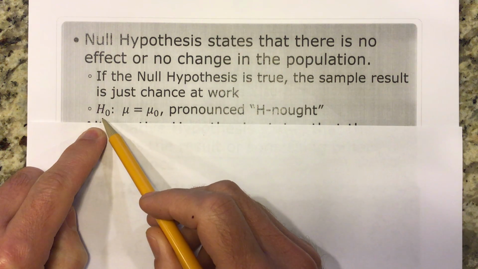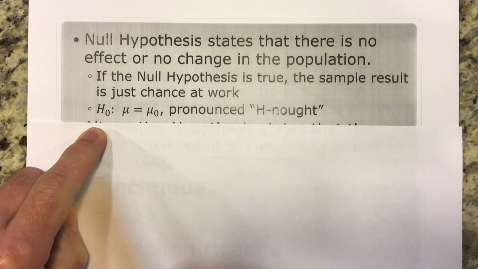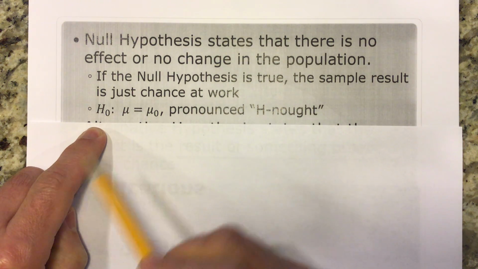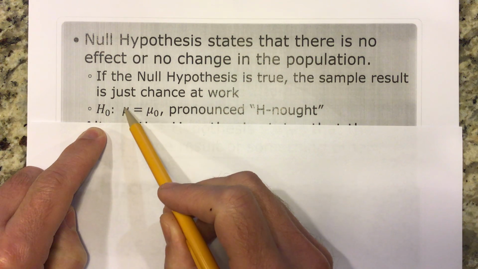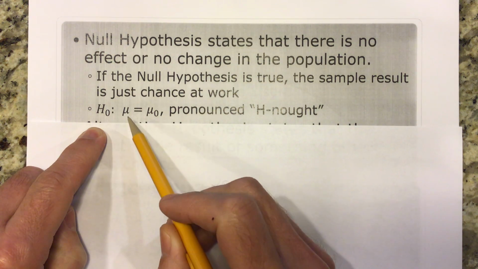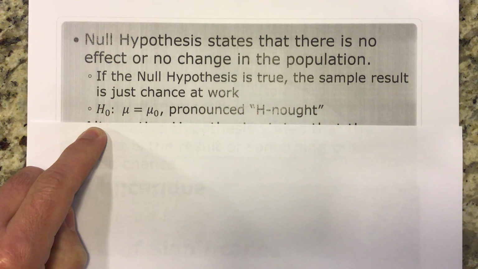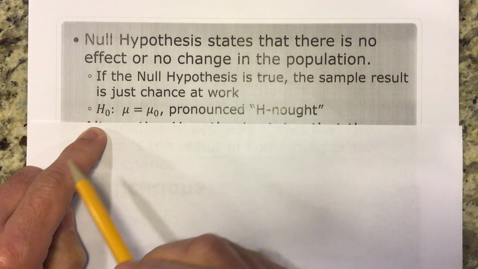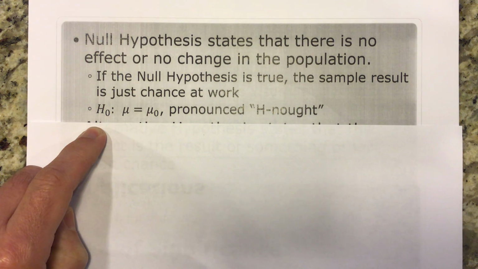And the null hypothesis will always, always, always be an equality, right? So right now we're going to work with means. So our null hypothesis will always be that the true mean, the population parameter for mean, is equal to some number. Very important you understand, null hypothesis will always be an equation, an equal sign, an equality.